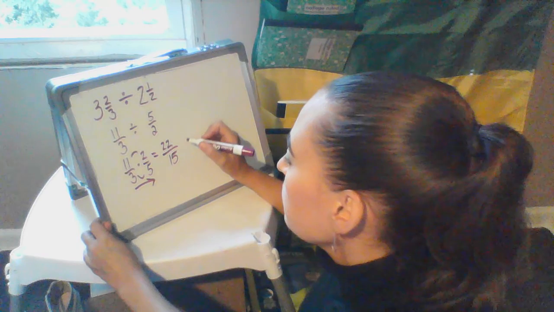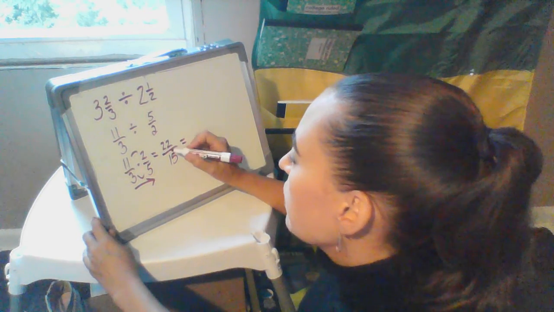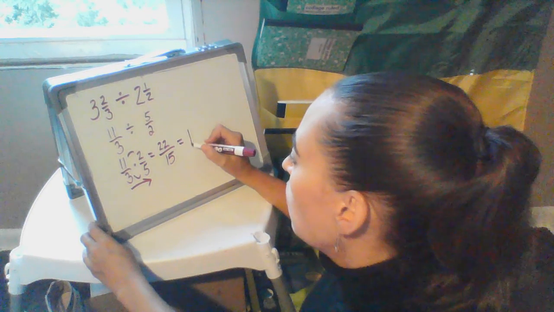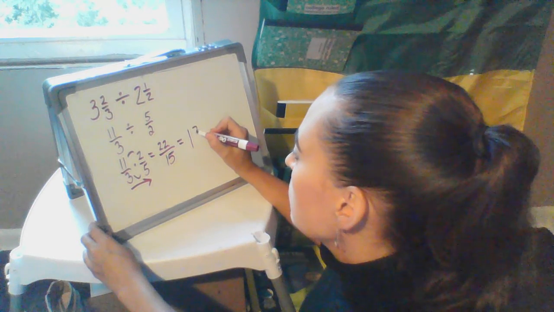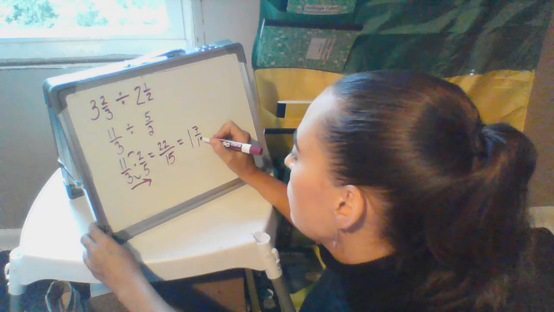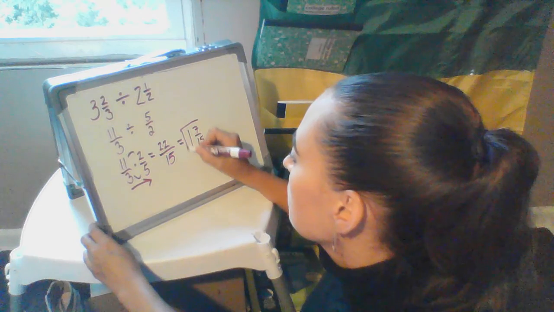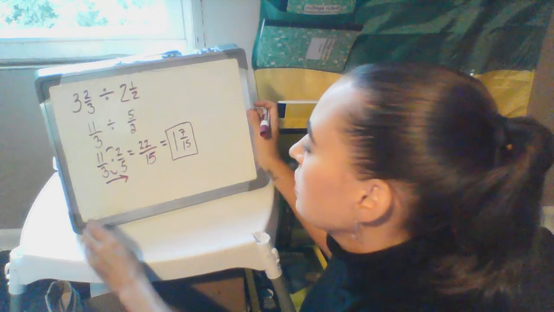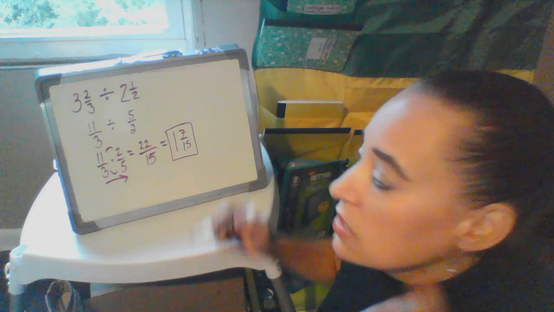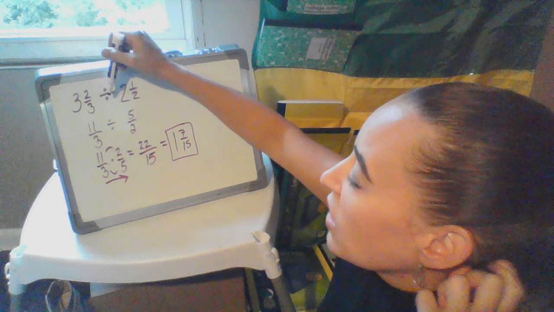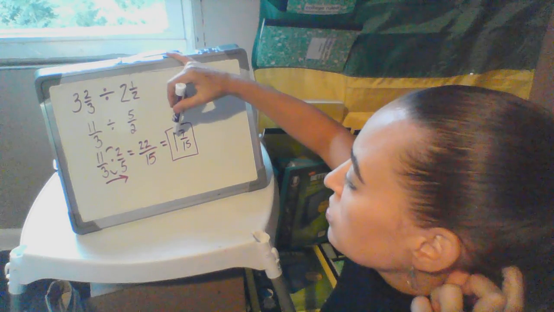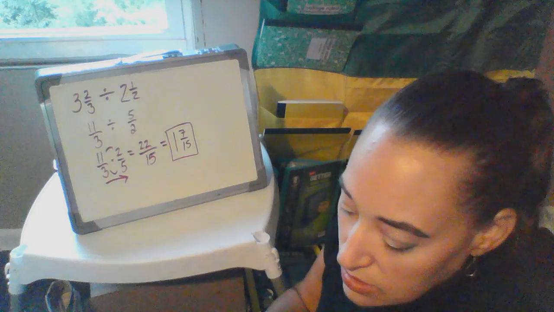Okay. 15 goes into 22 one whole time. It leaves you with 7/15. And that's your final answer. So 3 2/3 divided by 2 1/2 equals 1 7/15.